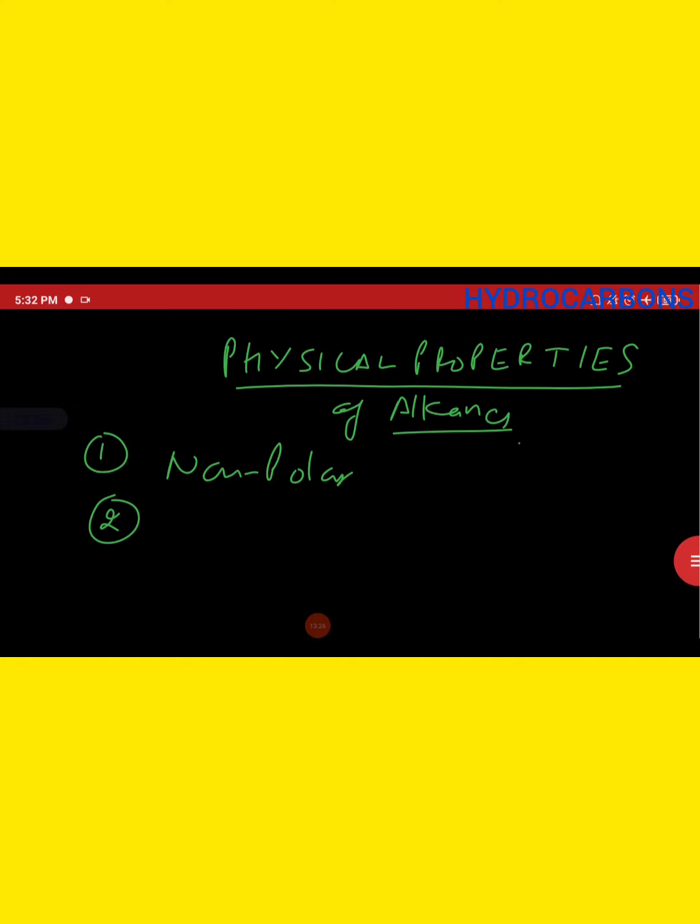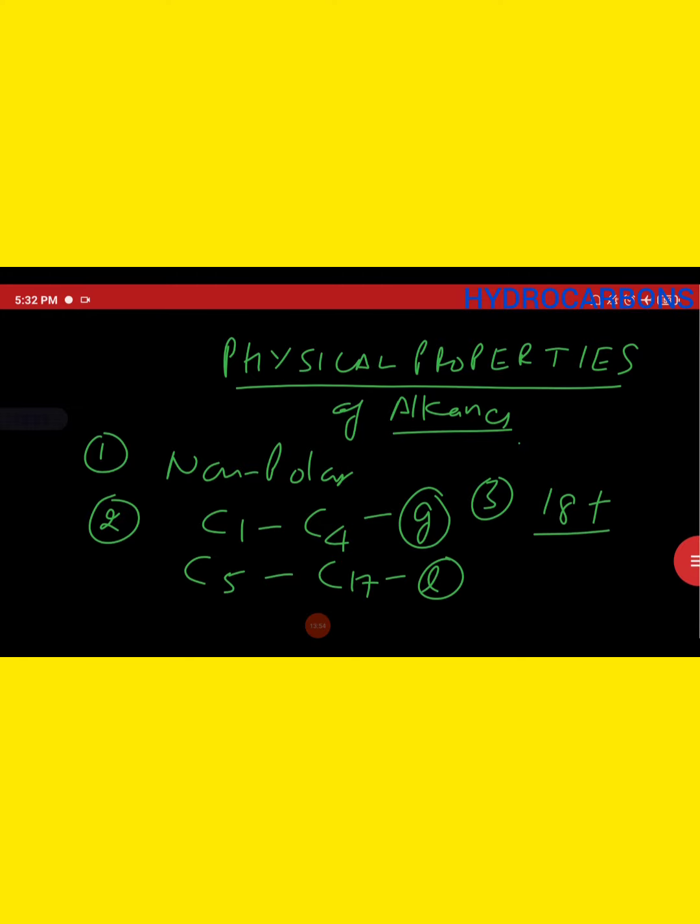Now about its physical state, alkanes having carbon 1 to 4 are gaseous in nature, and alkanes having carbon 5 to 17 exist as liquids. And alkanes which contain 18 or more carbon atoms exist in the solid state at 298 Kelvin, and they are colorless and odorless.